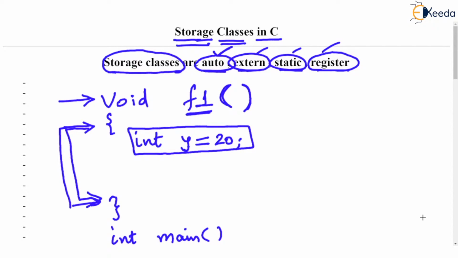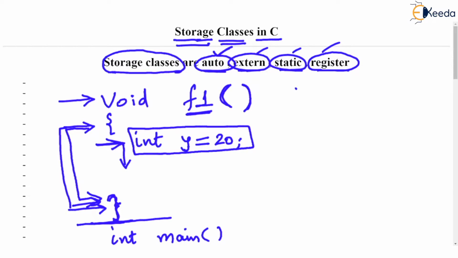The scope is up to this close brace. You can use y because it has been declared inside the curly braces. From the declaration onwards, y becomes available, and you can keep using y. But after this close brace, you cannot use y. y won't be available.